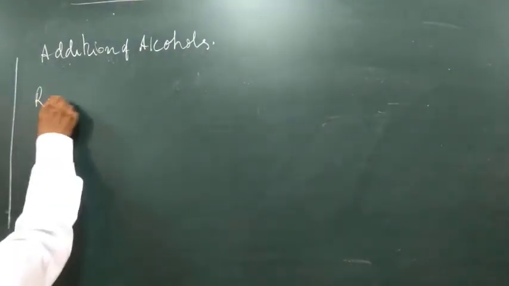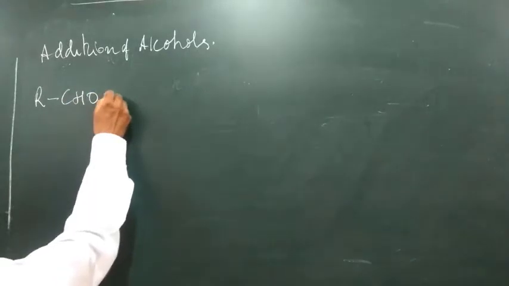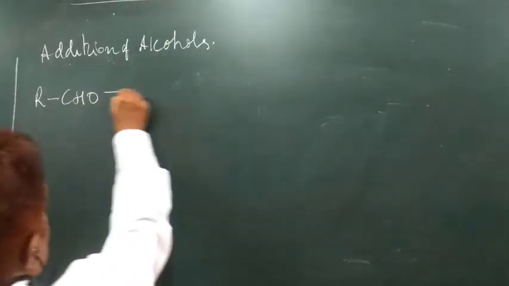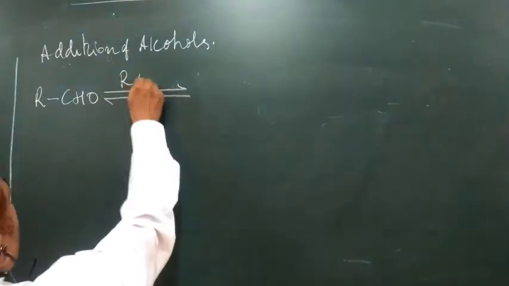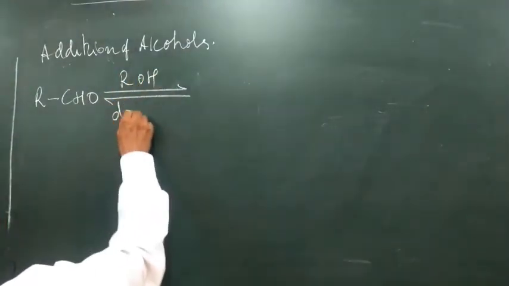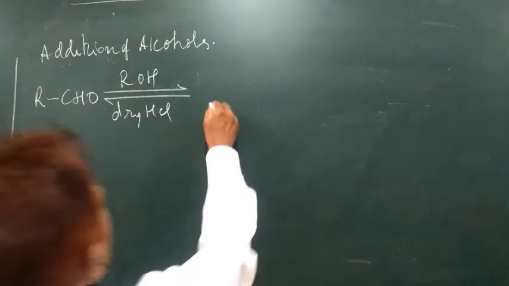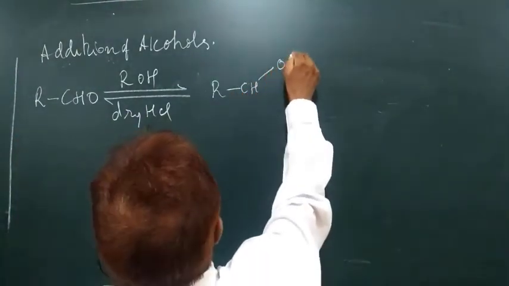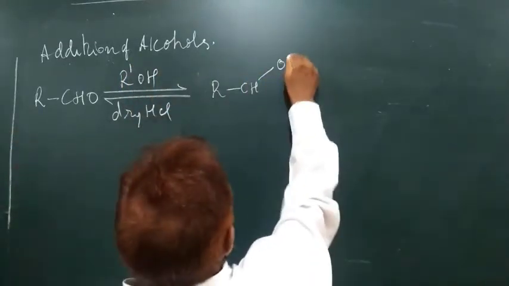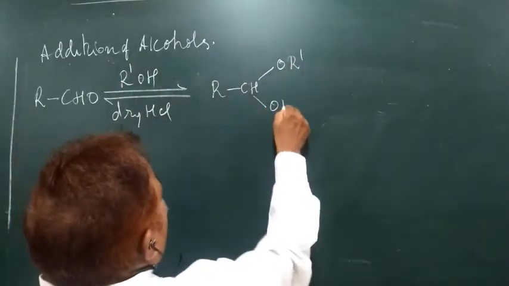acetal. So here this is RCHO plus, in the presence of ROH and dry HCl, we get RCHO, and this we keep as R'OH.